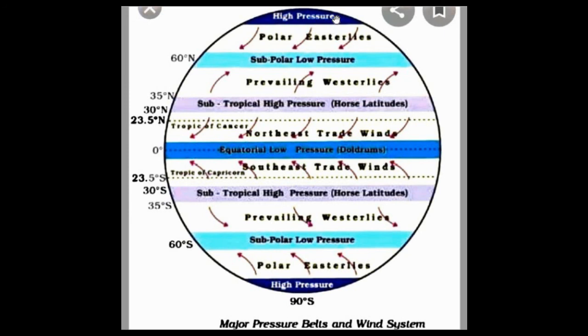And as we know, if the temperature is low, then the density of the air will be high, and if the density of the air is high, then obviously pressure will be high. That is why in this polar region high pressure belts develop.